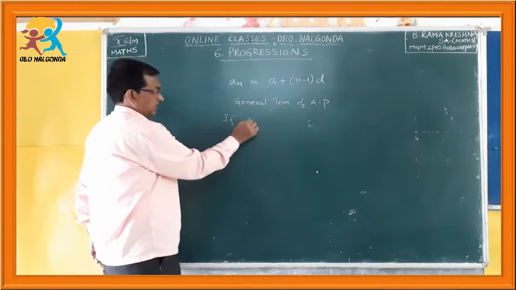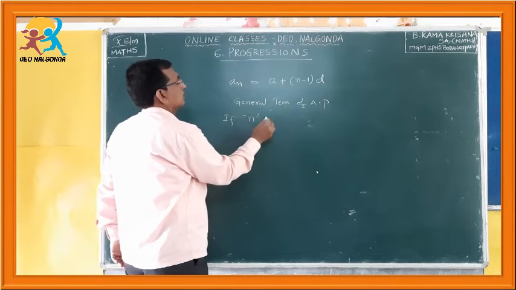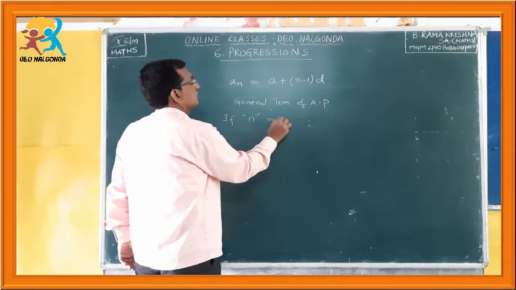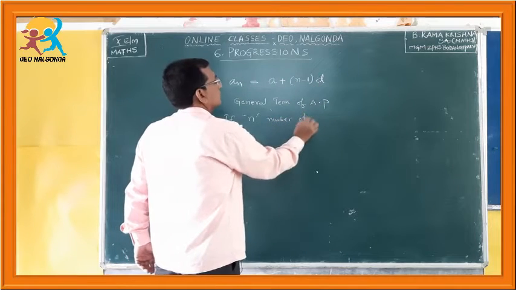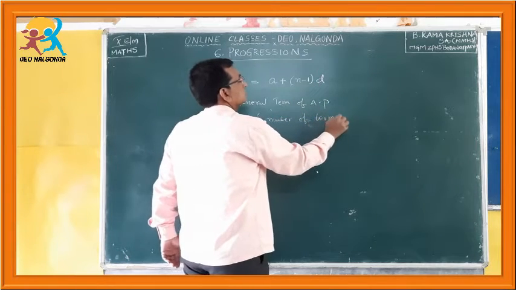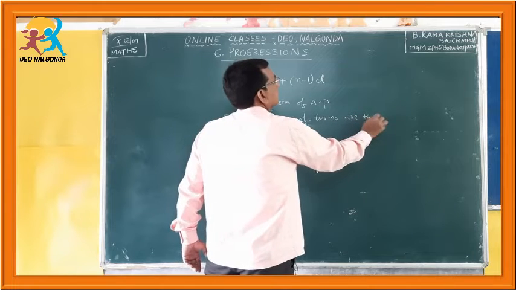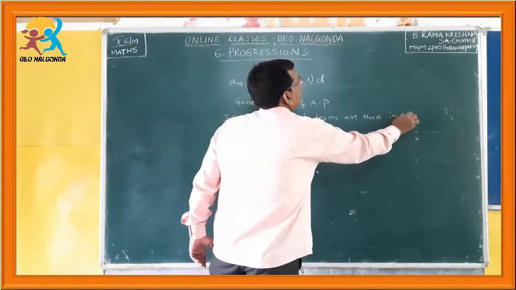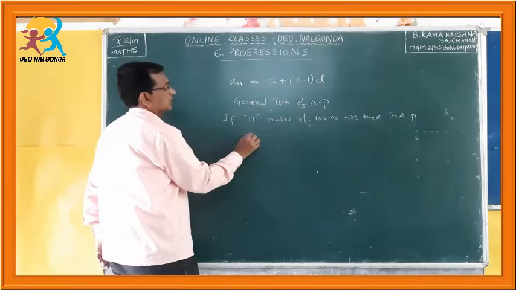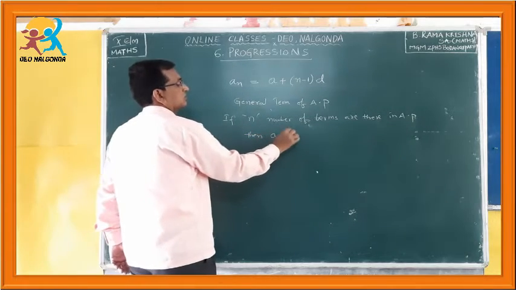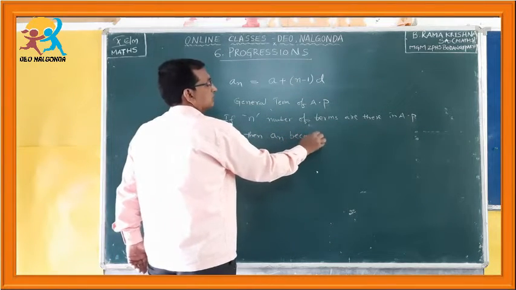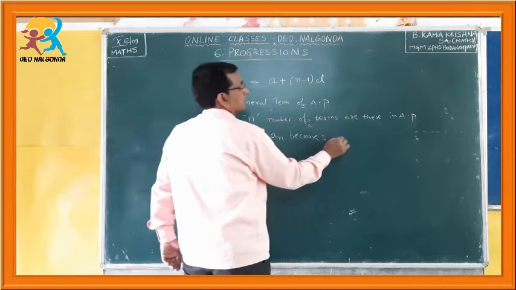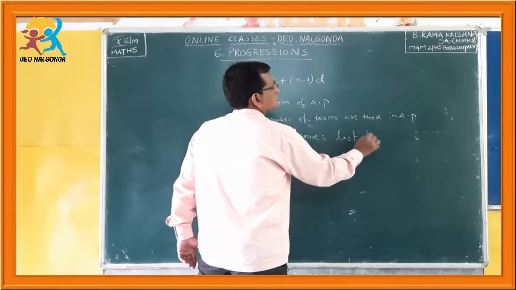If n number of terms are there in the AP, then An becomes the last term.